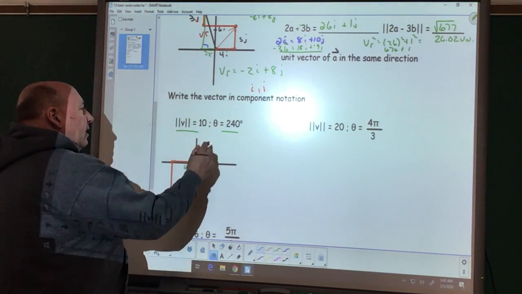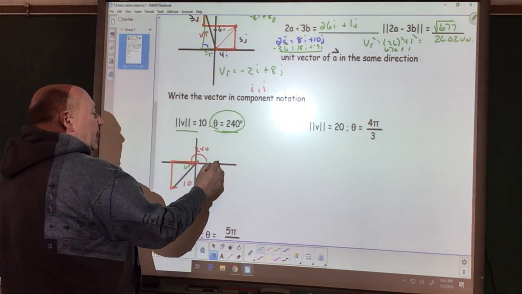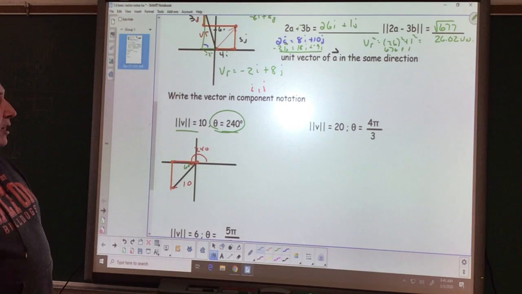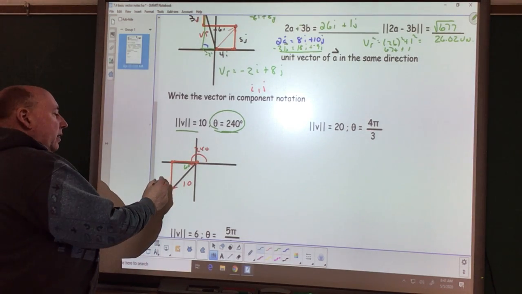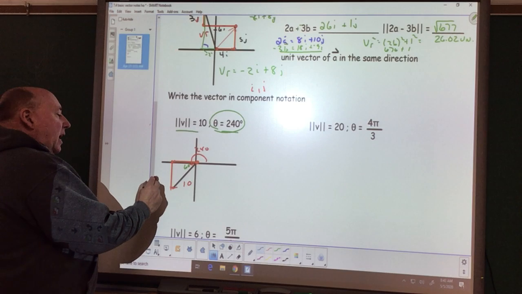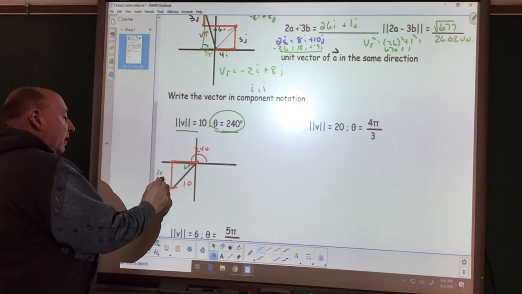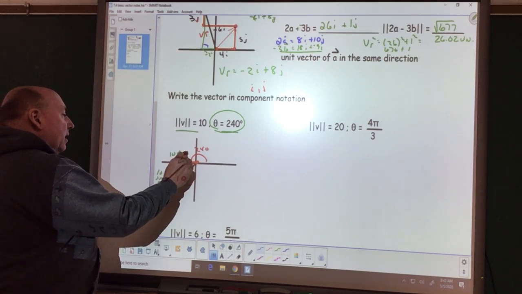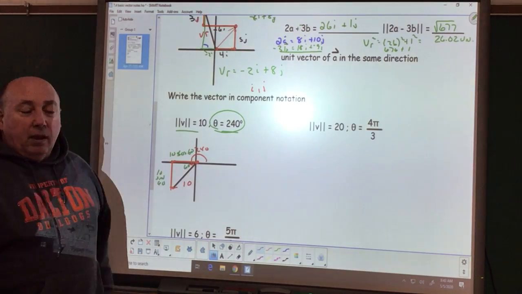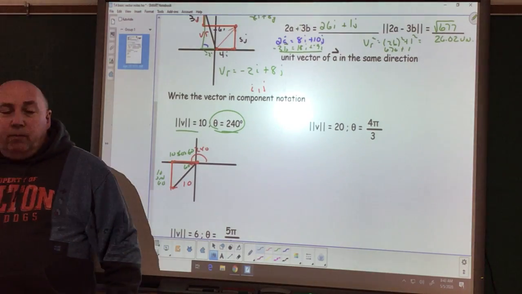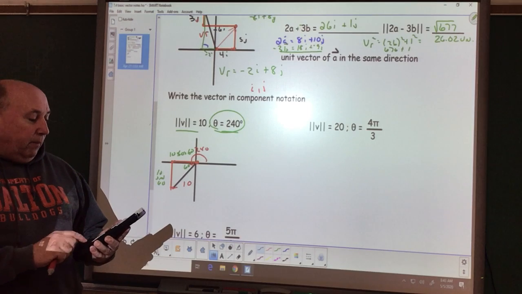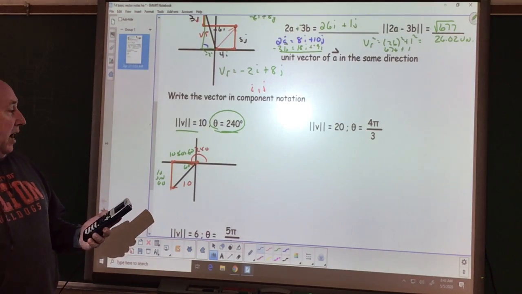If you're in your values of theta, which means it's an east reference, I could do a couple things here. This value here is going to be 10 sine of 60. This is going to be 10 cosine of 60, that I can clickety-clack through. 10 cosine of 60, I get 5.